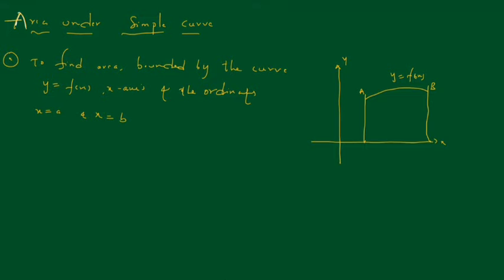So it is aligned and we are taking these points. The strip we are taking here has width dx, and this strip height is y, which is parallel to the y-axis. So we can say it is x equals a and x equals b, right?